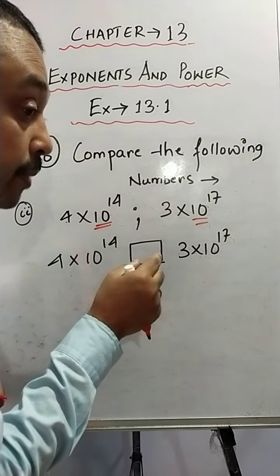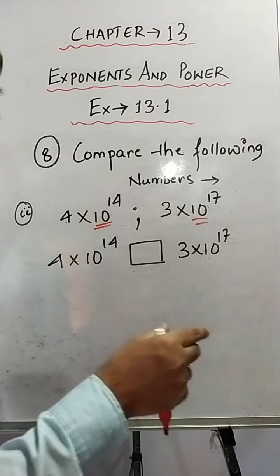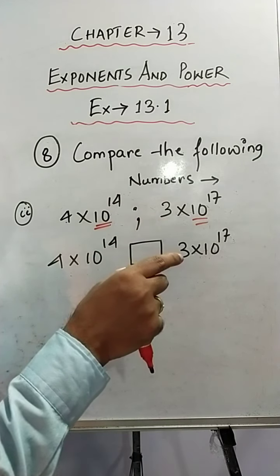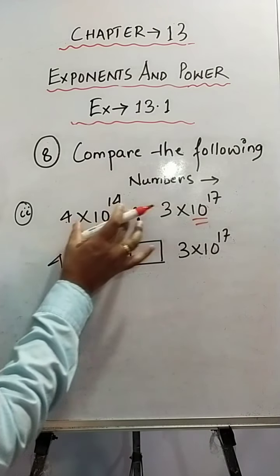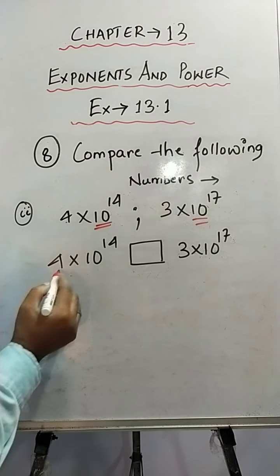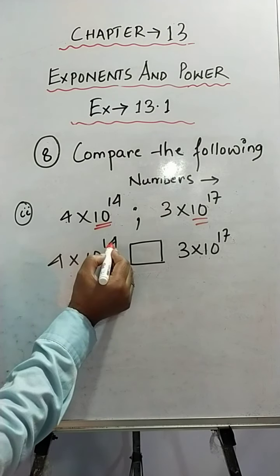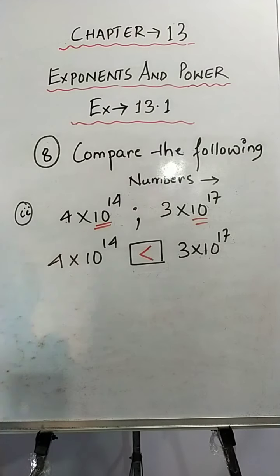So what did I say? The number which carries the maximum number of zeros will be considered the bigger number, isn't it? So this number is less than this number. So what we have to write is that 4 into 10 to the power 14 is less than 3 into 10 to the power 17.